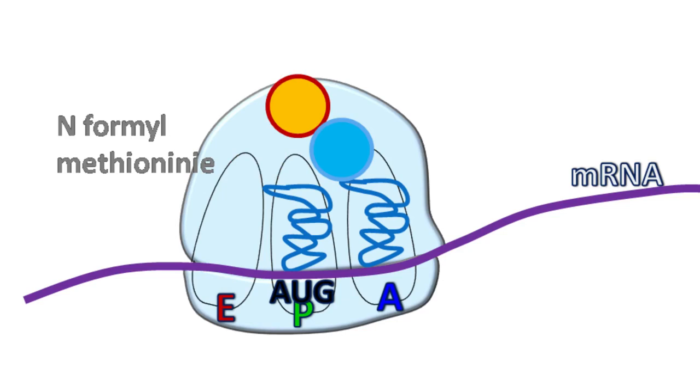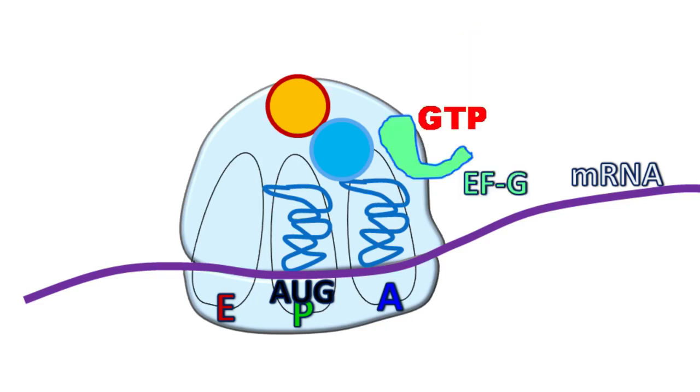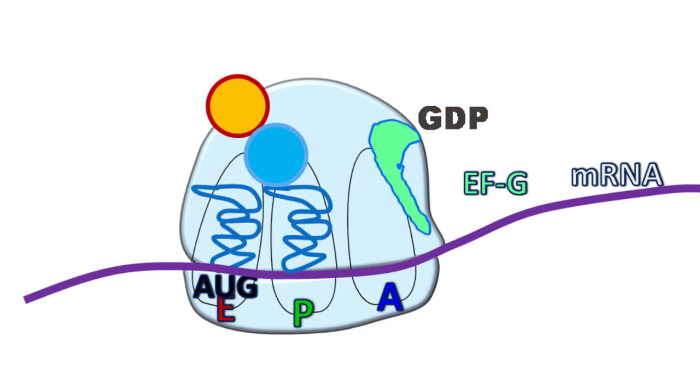Next, elongation factor EF-G helps in the translocation. The GTP-bound EF-G binds to the ribosome and the GTP is hydrolyzed to GDP.